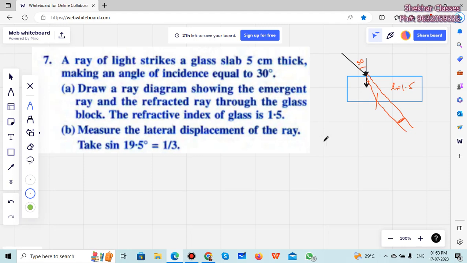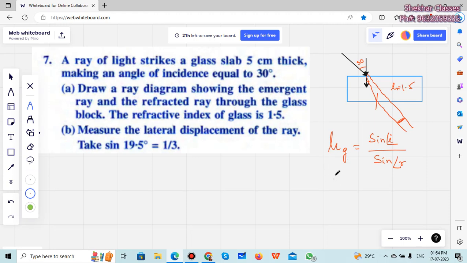So remember, we have a formula that is mu glass is equal to sine of angle of incidence, right, upon sine of angle of refraction. What is mu they have given you? They have given you 1.5.